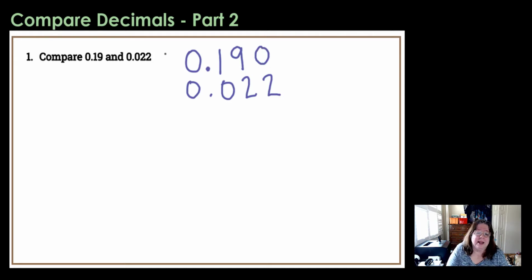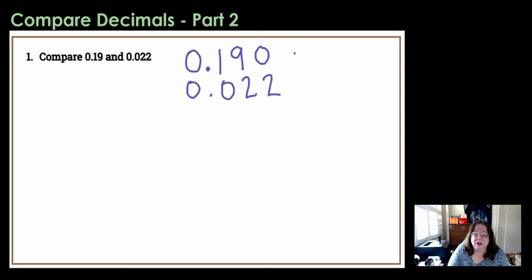I can always add zeros at the end of a number, and if it's after the decimal point, I can add zeros here. The first thing we do is look at the digit that has the highest value. In this case, it would be the tenths place. Which of these numbers has a higher value? Would it be the 1 or the 0? In fact, I'm just going to write it over here.